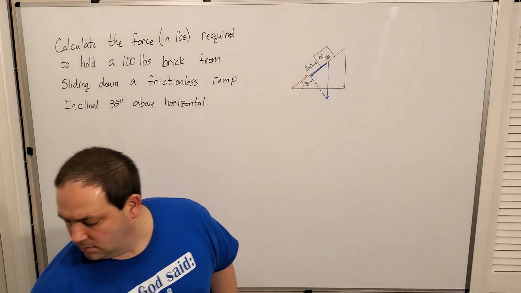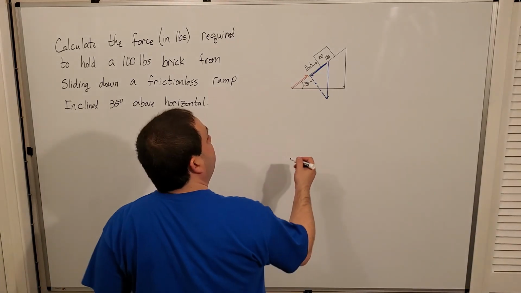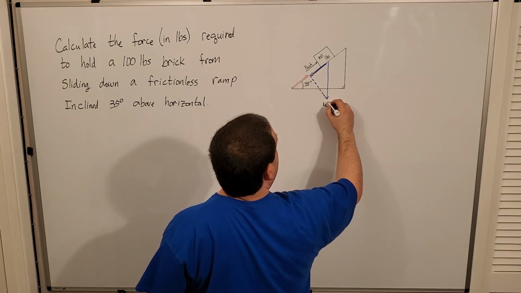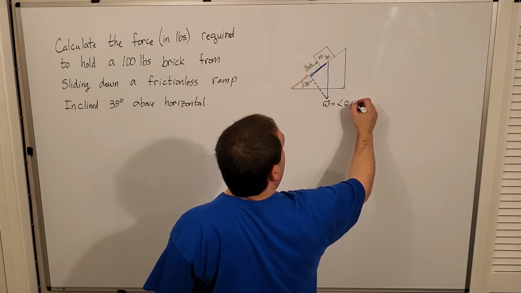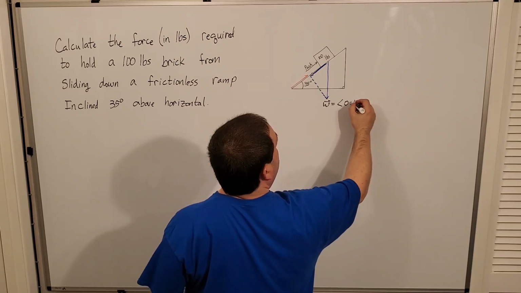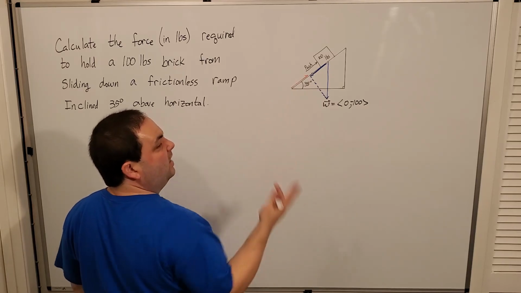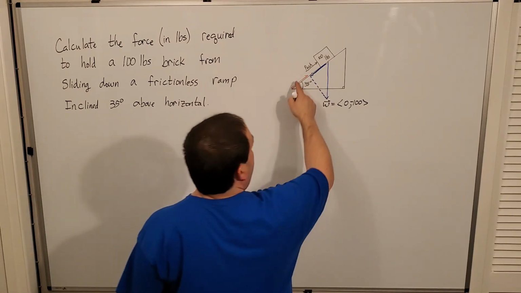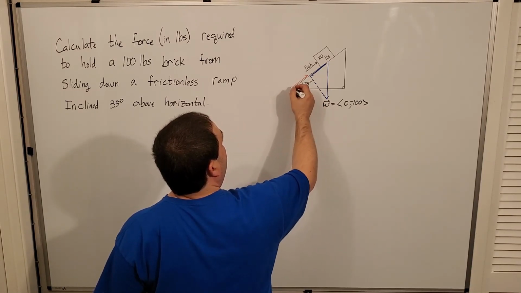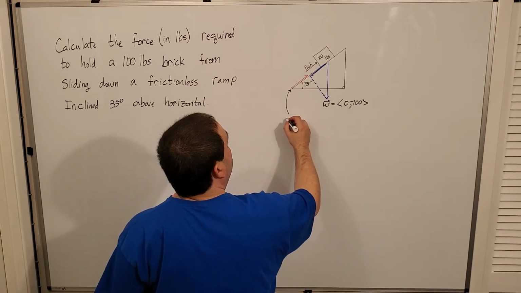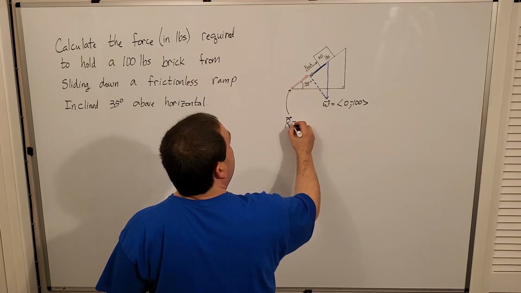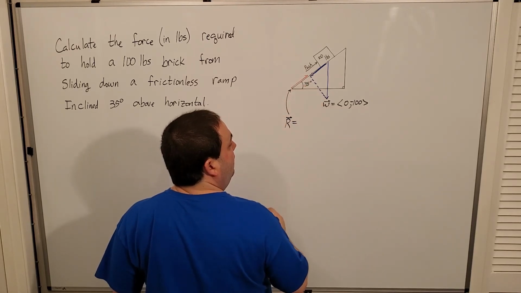Okay, so here we go. The weight vector here is just going to be the 0 and then 100 downward technically, so negative 100 technically. And then the ramp vector here is just based on the 35-degree angle.